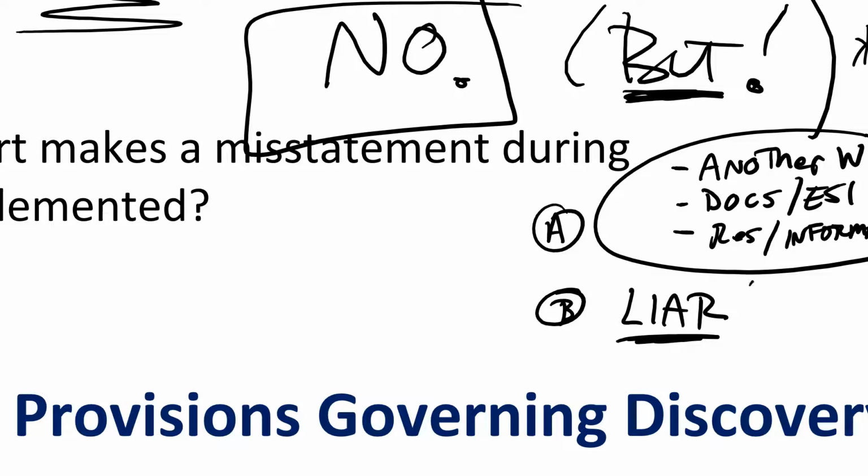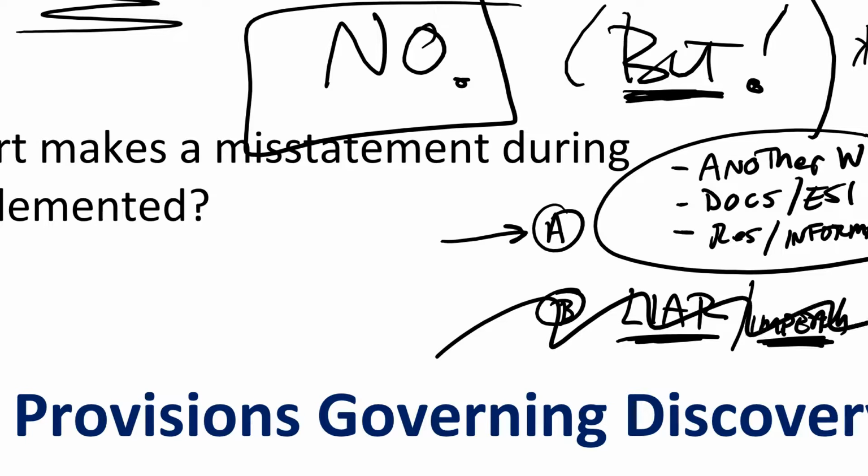In other words, to impeach that witness. All right? So even if there's no duty to supplement, oftentimes the smarter move is going to be to just come out with the information. You be the one to be honest. You be the one that looks good to the other side. You be the one to make sure that your witness or client is not painted as a liar later on when they've made a hopefully honest mistake.